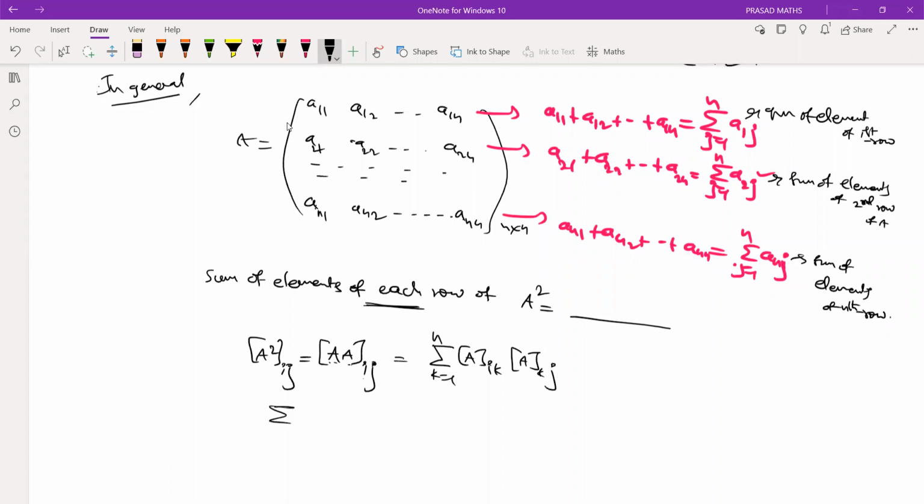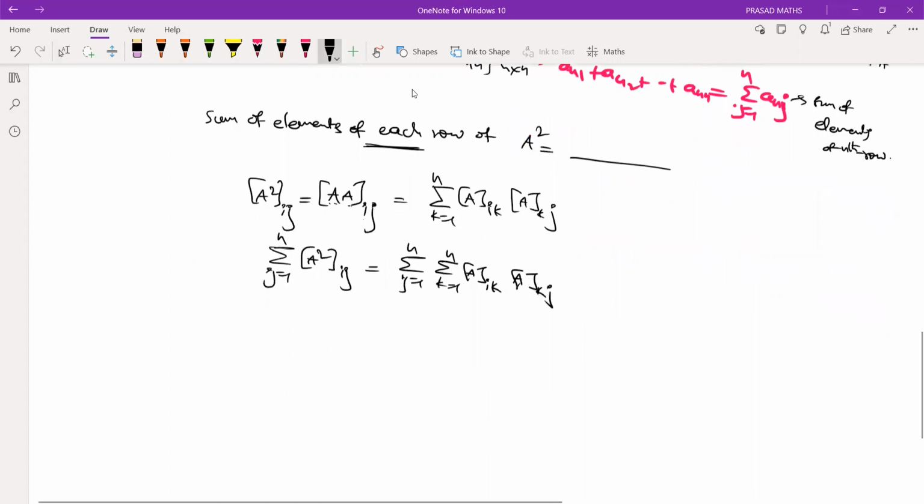So the formula is summation j equals 1 to n of A square ij, which equals summation j equals 1 to n, summation k equals 1 to n of Aik into Akj.